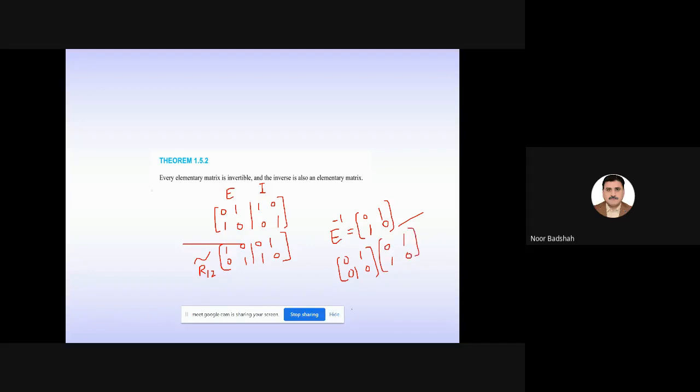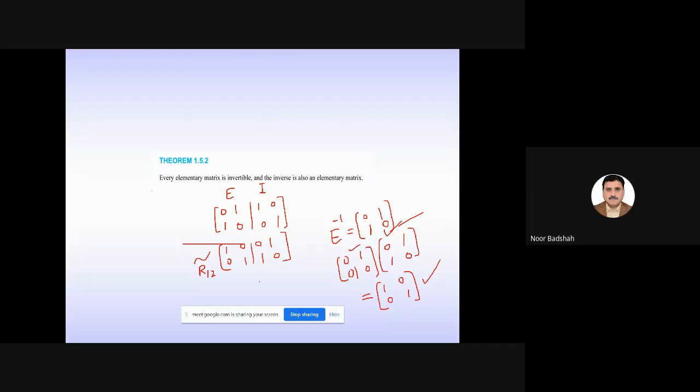If you multiply them together, you will get what? 0 into 0 is 0 plus 1. 0 into 1 plus 1 into 0 is 0. 1 into 0, 0 into 1 is 0. 1 into 1 plus 0 into 0 is 1. And now if the product of two matrices is identity, they will be inverse of each other.